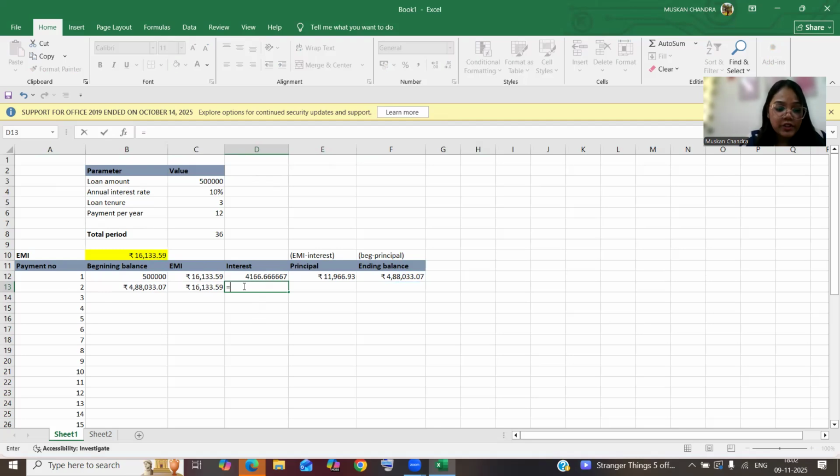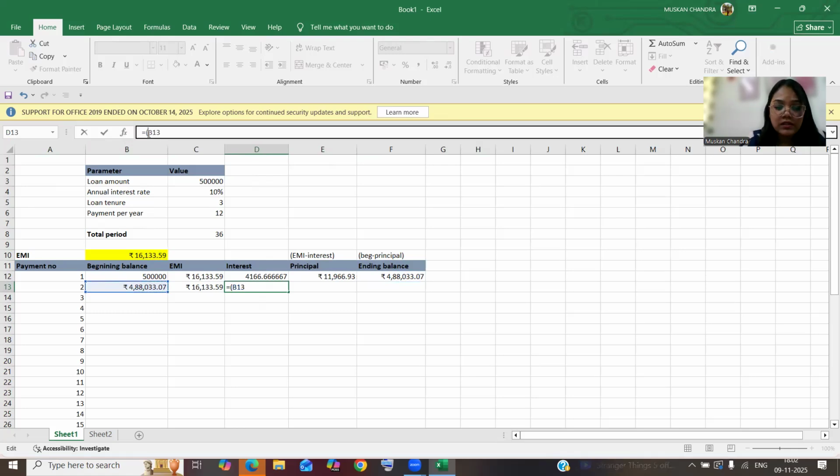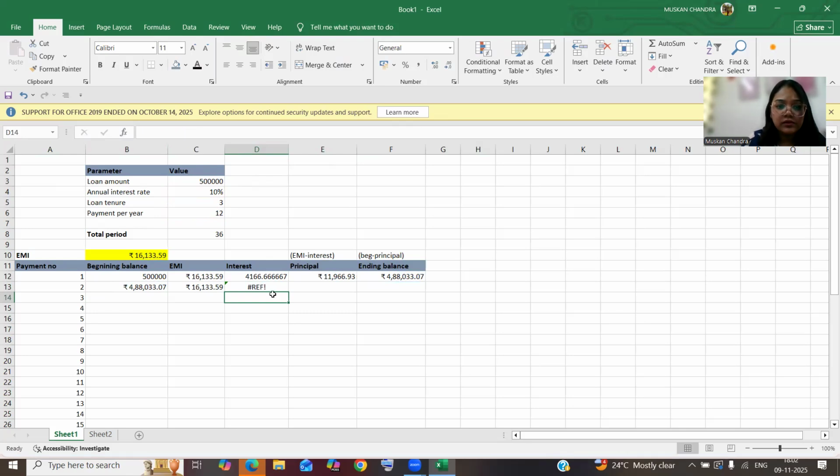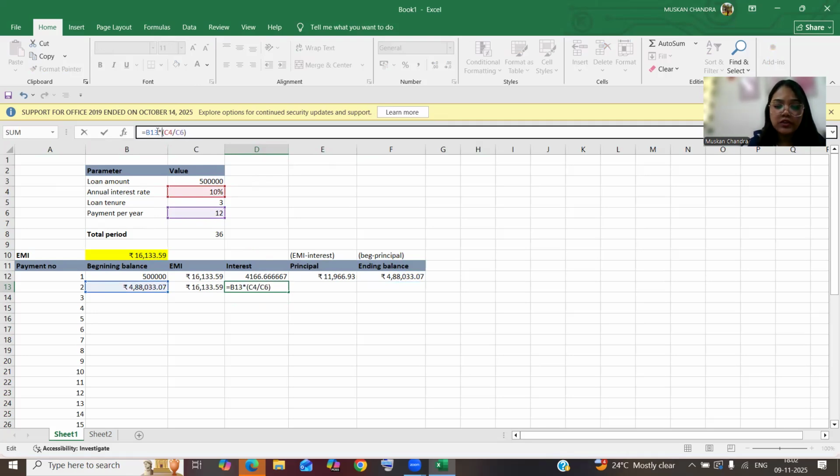So we'll have equals to bracket open B13, which is the beginning balance, into the opening bracket C4 divided by C6, closing bracket.